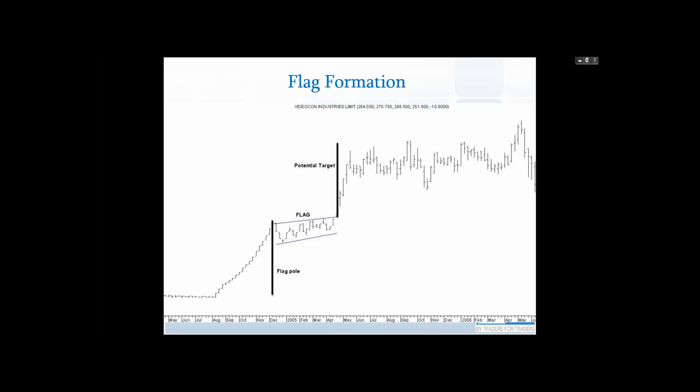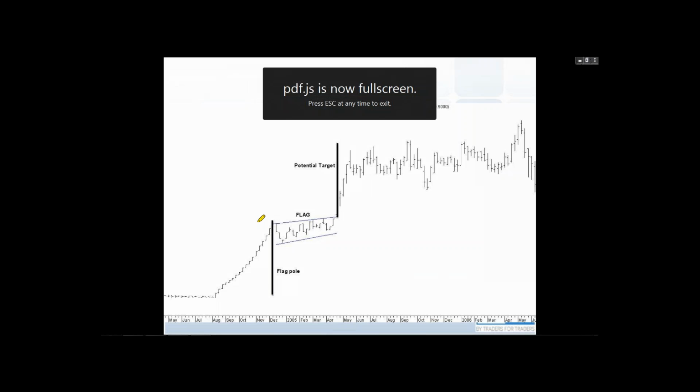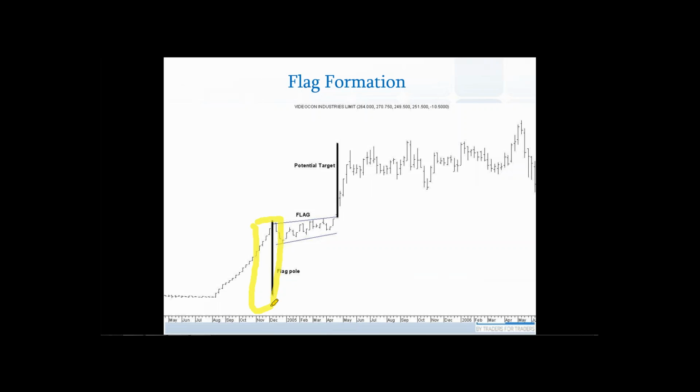This is how a flag formation is practically made. As you can see, the stock first made a flag pole, then it made a flag formation, then it gave a handsome breakout, and then it touched the target. The target is normally equal to the flag pole.